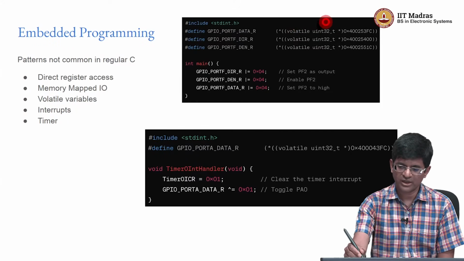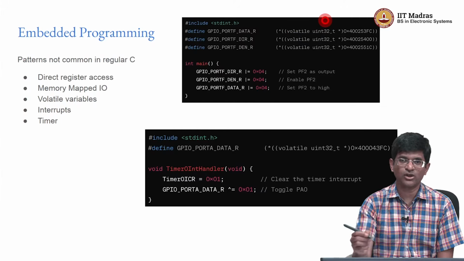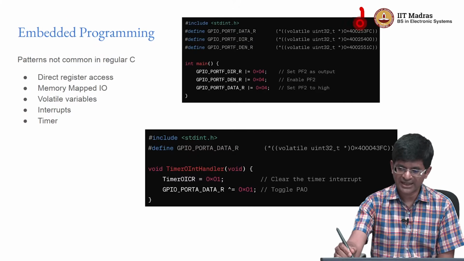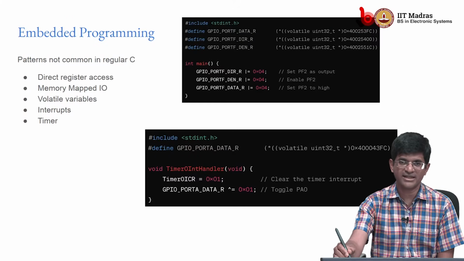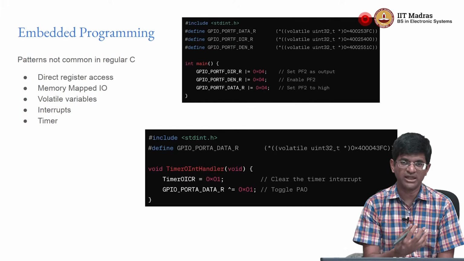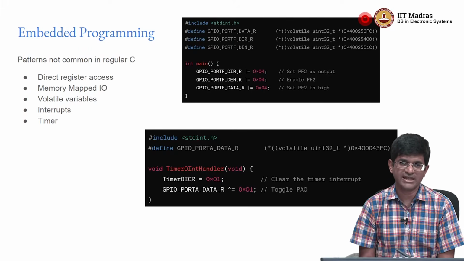The uint32_t is probably the easiest thing to work with. All that it's saying is, this is an unsigned 32-bit integer. Good, so far so good. But then we are directly giving it a hexadecimal 32-bit value, which presumably is the address of some location somewhere, either of memory or of a peripheral that's attached to this system.